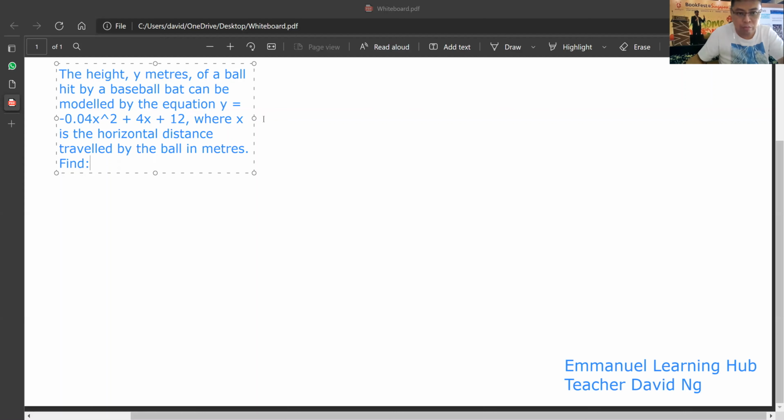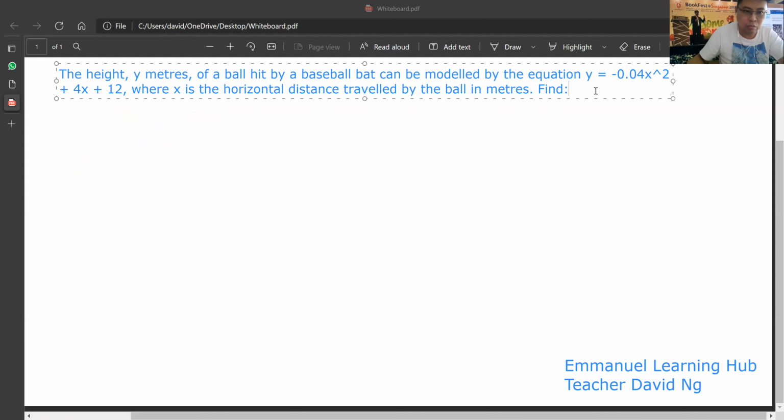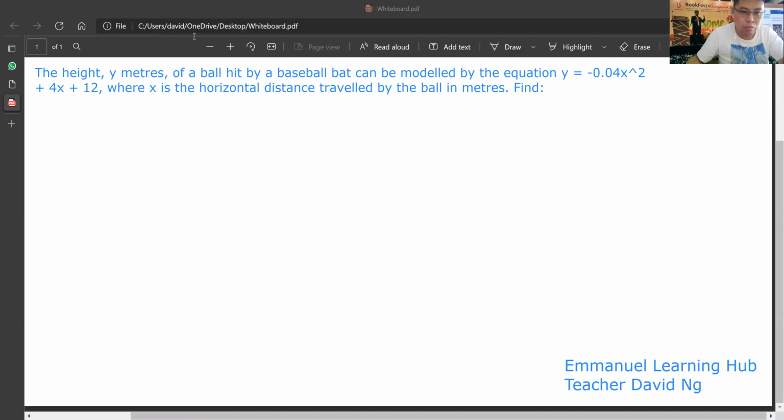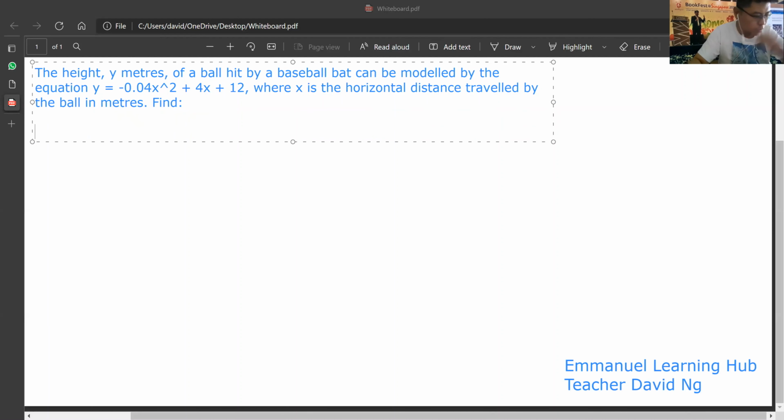Find A, the greatest height reached by the ball and the corresponding horizontal distance traveled.